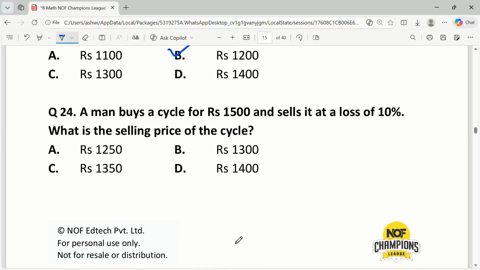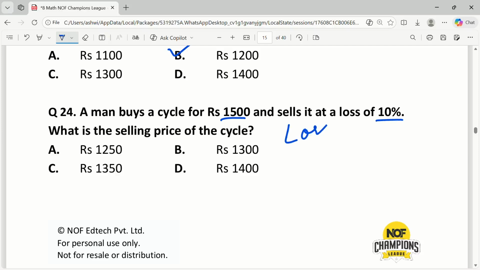Question 24. A man buys a cycle for rupees 1500 and sells it at a loss of 10%. What is the selling price of the cycle? The cost price is given as 1500 and the loss percentage is 10%.